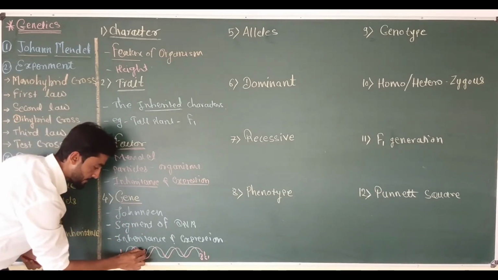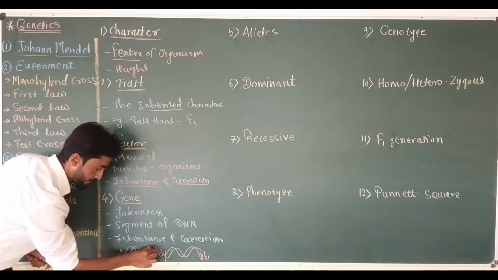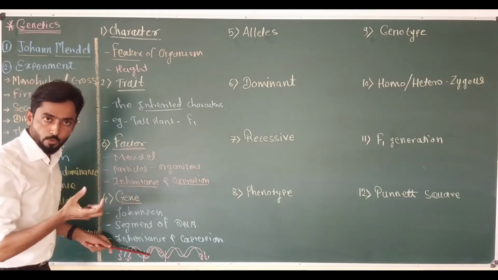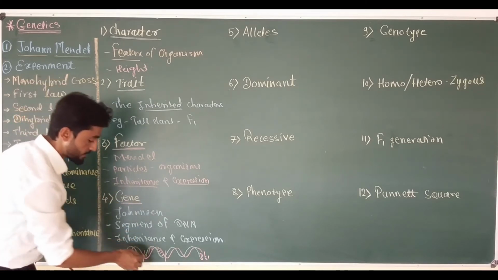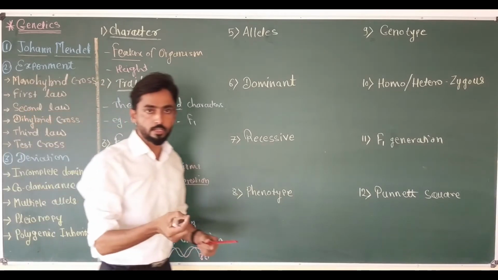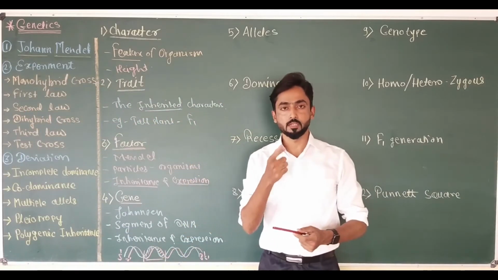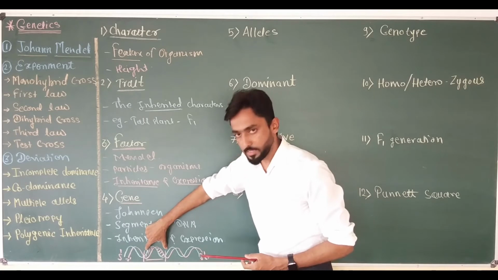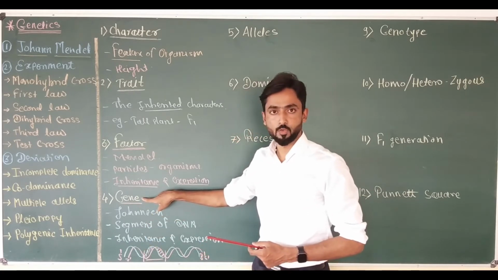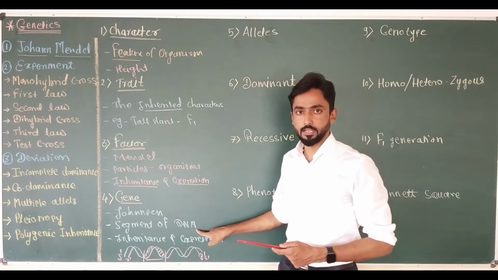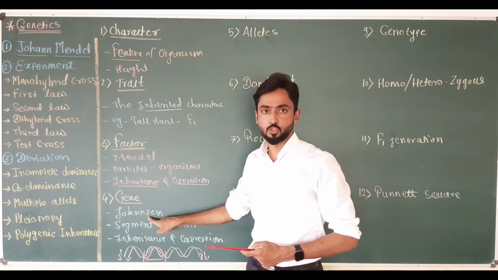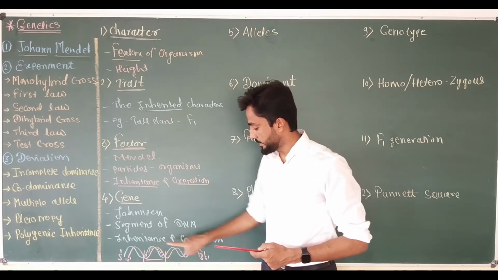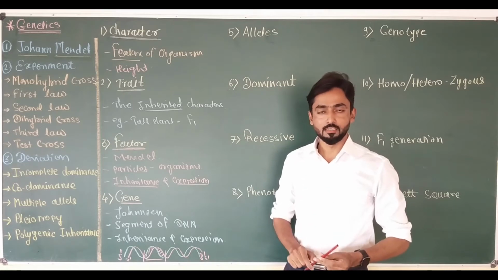Suppose we select this portion of the DNA, and if this portion is producing a functional protein after transcription and translation, and this portion which produces the protein is responsible for expression of a certain kind of character in the organism, in that case this particular segment of the DNA is nothing but the gene. So a gene is a segment of the DNA, and this term was coined by Johannsen. This fragment of the DNA is also responsible for inheritance and expression of character in the organisms.